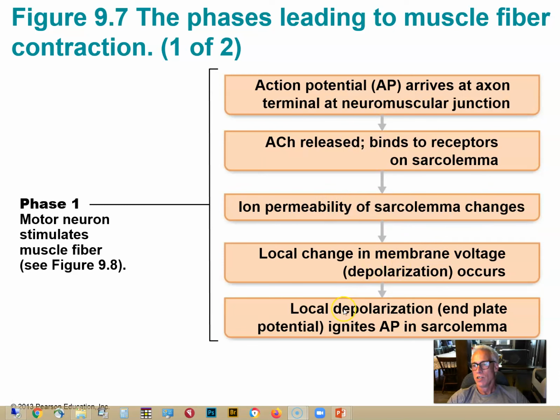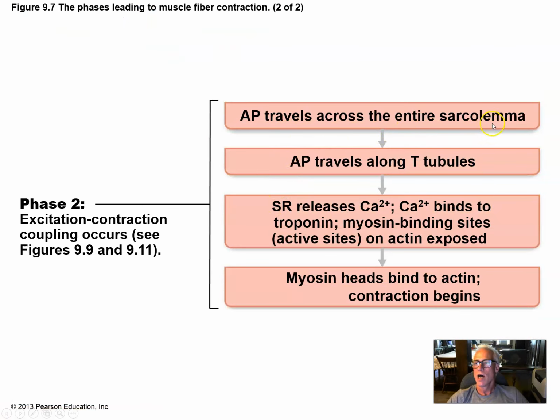That in turn depolarizes the perimeter, and that ignites the action potential, right? Once the depolarization reaches the perimeter of the neuromuscular junction, the electrogenic sodium channels open and a wave of depolarization starts. And it spreads across the entire cell membrane down into the T-tubules, from sodium channel to sodium channel to sodium channel, and then eventually a wave of repolarization.